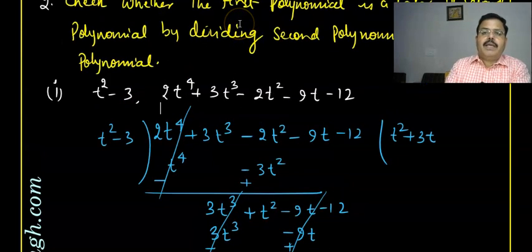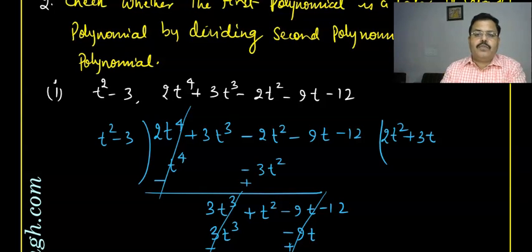We need to multiply by 2t square. So 2t4 it will be, and minus 3 multiplied by 2 is minus 6t square, isn't it? So minus 6t square, and so it will be plus, and that 2 cancels. So this will be 4t square, isn't it?